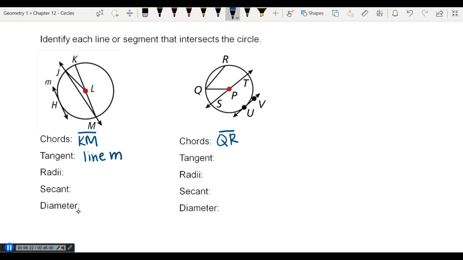That lowercase m is not a point. Points are labeled by uppercase, so we would call it line m. That little m is referring to a line. Now in our other picture, we were lucky enough that they gave us 2 points on the line. So this one's tangent would be UV, and you would put the line over it, because you see how it had arrows? So I know I have to put arrows above it in this picture.